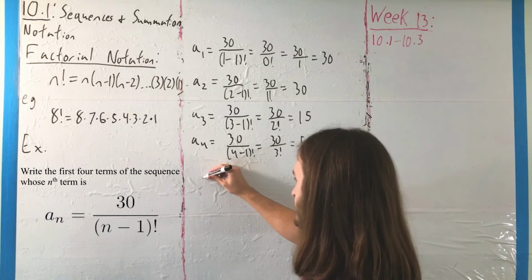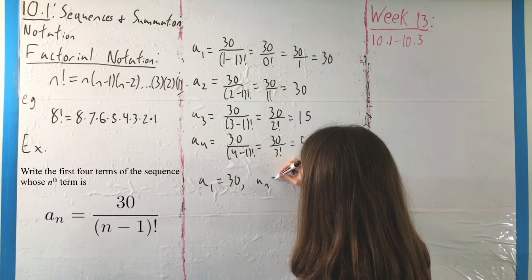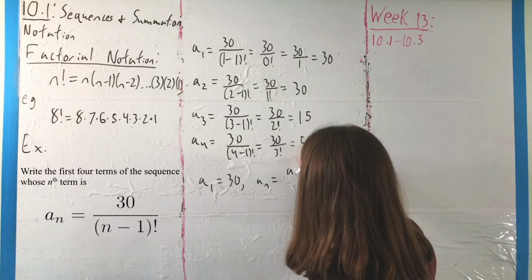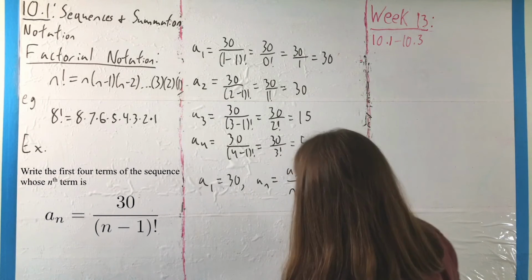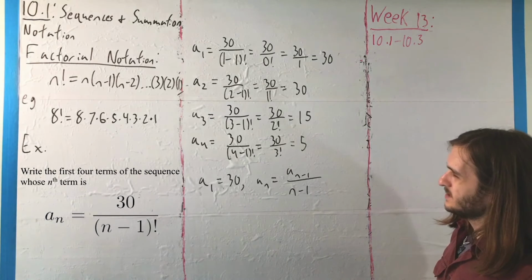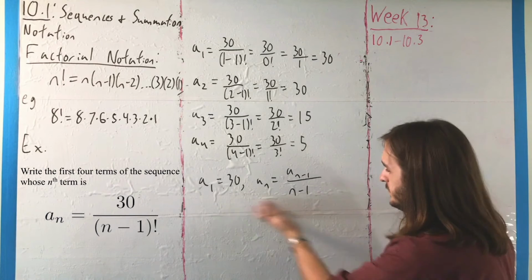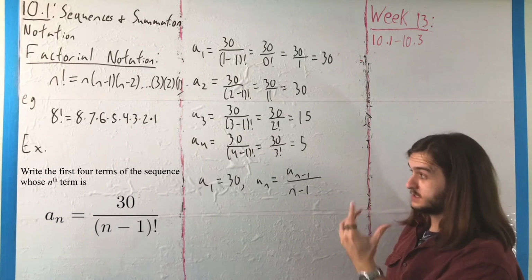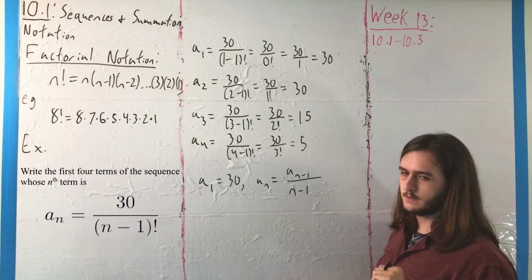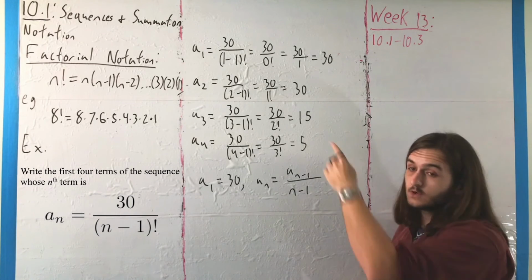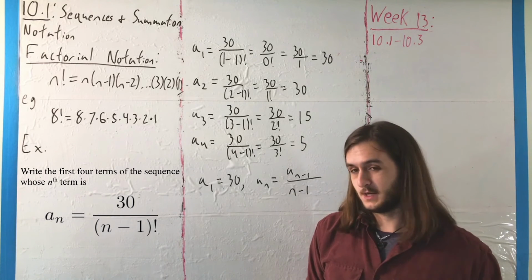Here, we could recursively define this as a1 equals 30, and a_n equals a_(n-1) divided by n minus 1, where it is actually very important in this case that we have that recursive definition starting at n equals 2, because if we start at 1, we'd be dividing by 0, and even for discrete things, we don't like dividing by zero. Don't do that. 0 factorial is fine, but we need that exclamation point. 0 needs to be happy to be here, I suppose, if it wants us to do anything.